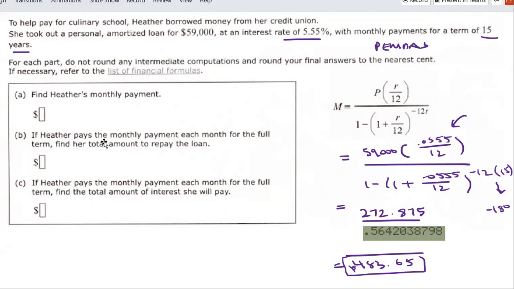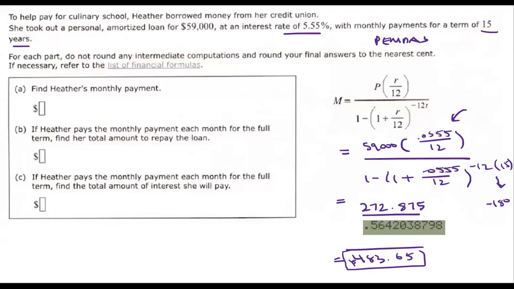Again, it says if Heather pays the monthly payment for each month for the full term, find her total amount to repay the loan. All right, so we want to just find her total amount to repay the loan.